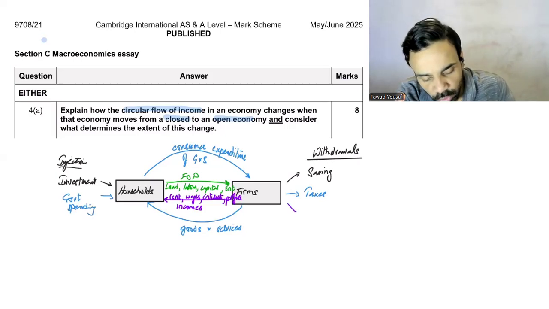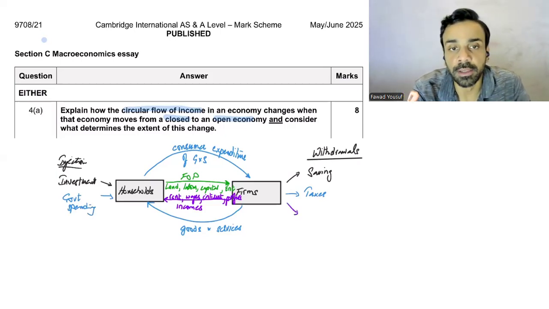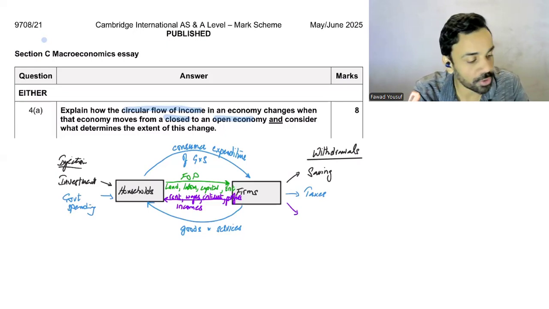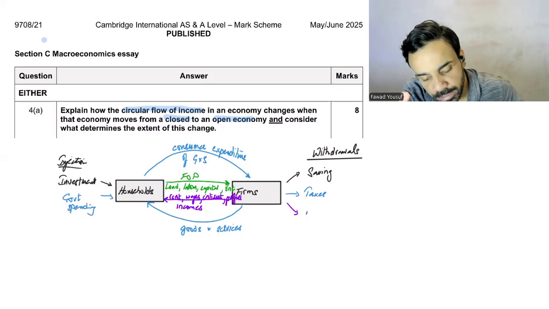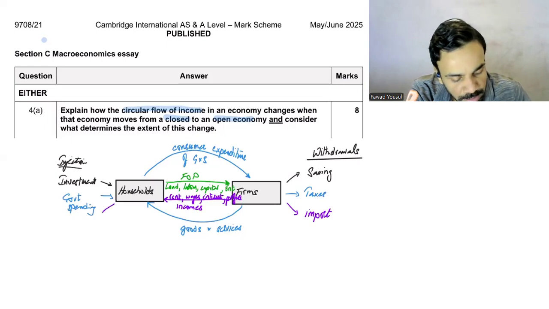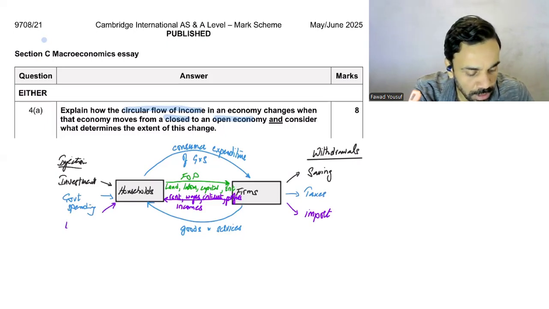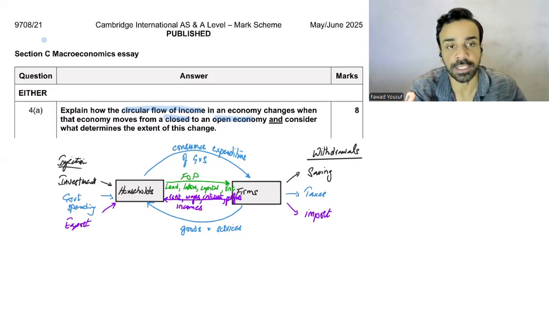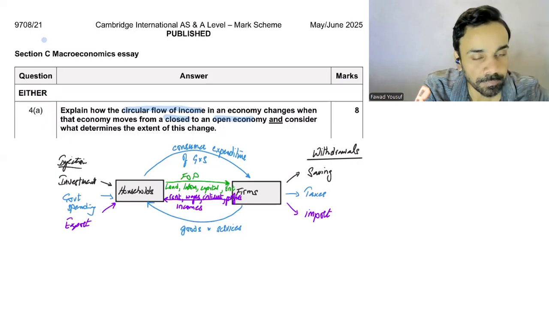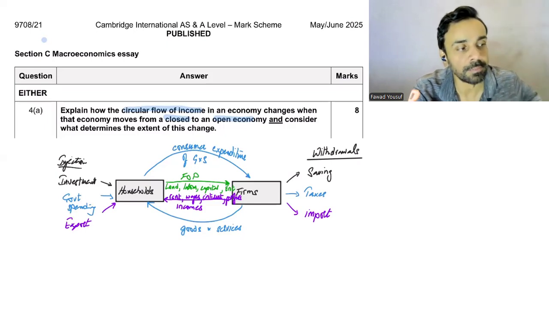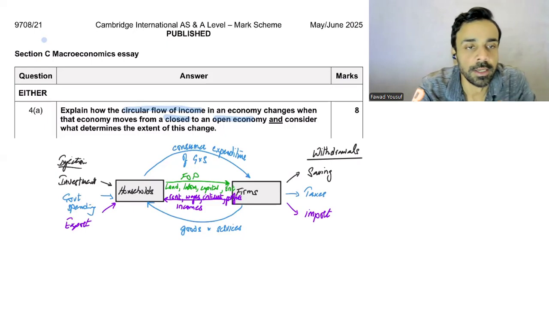Lastly, when we go into an open economy, which our discussion is going to be about, the later part, in the analysis imports take the money out of the system and exports bring that money back into the system. So this is how basically our circular flow of income kind of looks like.